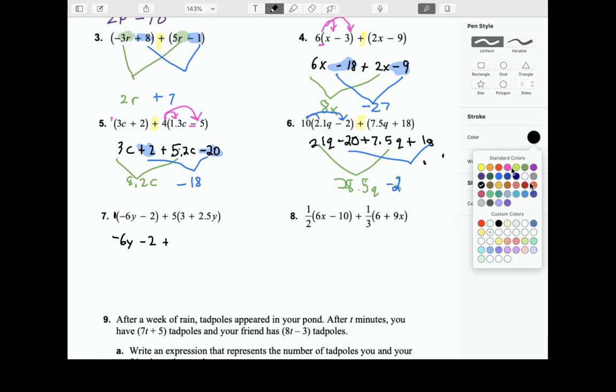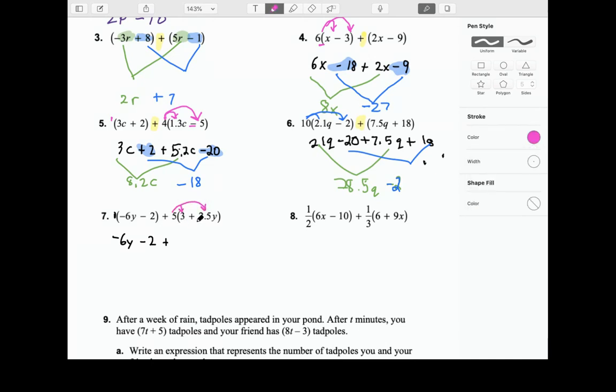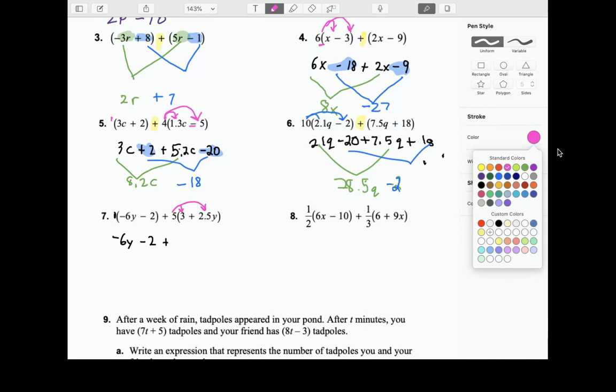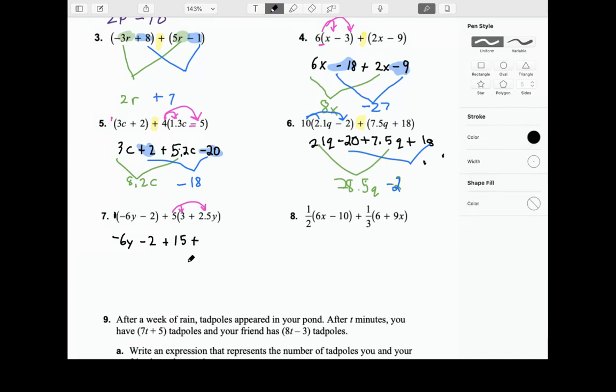But then I'm going to distribute that 5. So 5 times 3 is 15, plus 5 times 2.5. 5 times 25 is 125, so it's going to be 12.5y.